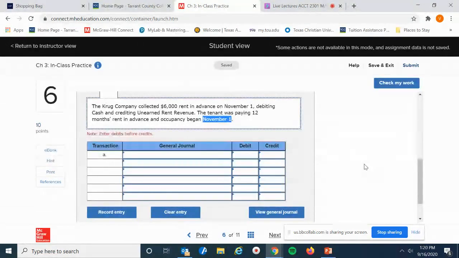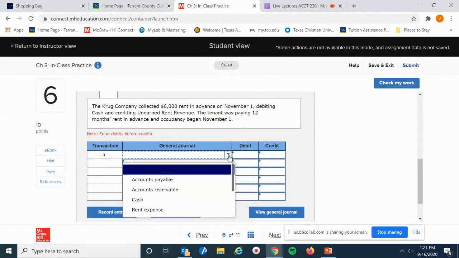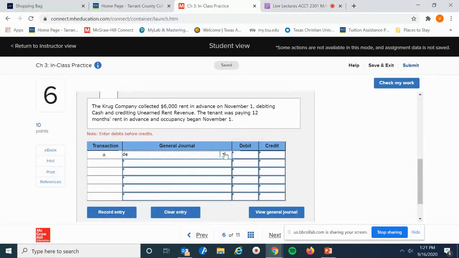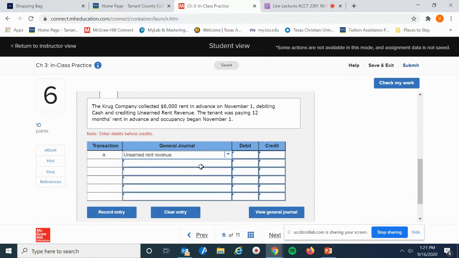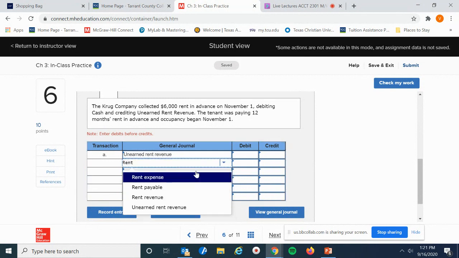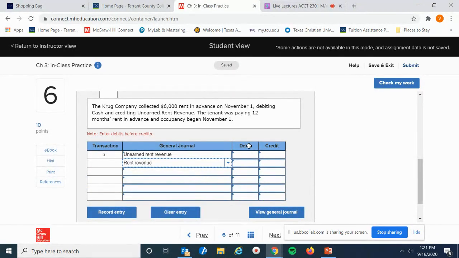So remember how we said that each month I took the $6,000 divided by 12, $500 a month will be earned. So the adjusting journal entry for deferred revenue will be unearned rent revenue debited to show the portion that was earned, and then rent revenue will be credited to show that the company has earned that.